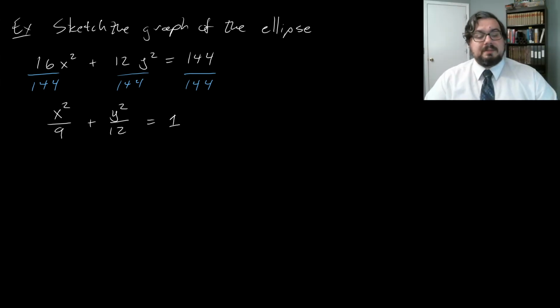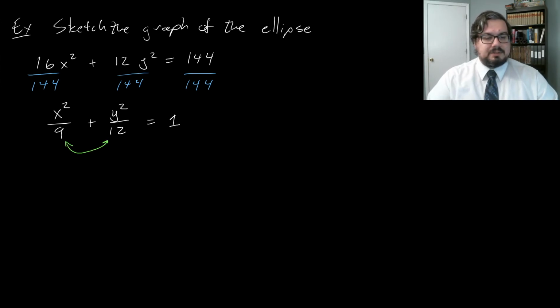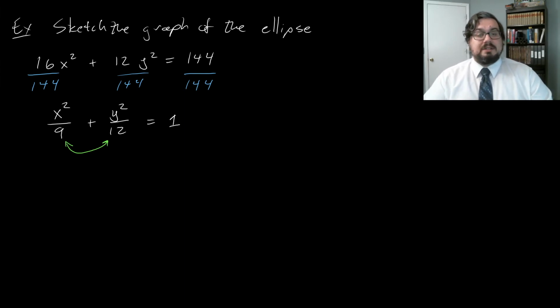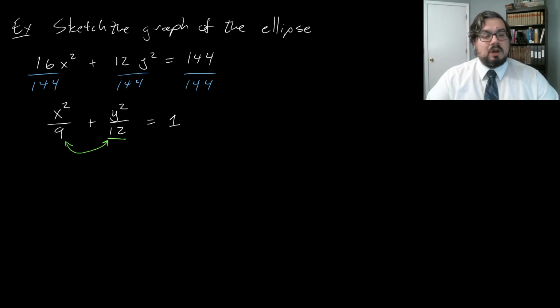So from here, we can tell a few things. First of all, we can look at these two numbers and determine whether our ellipse is oriented horizontally or vertically. In this case, the larger denominator appears underneath the y squared. This tells us that our ellipse is oriented vertically.